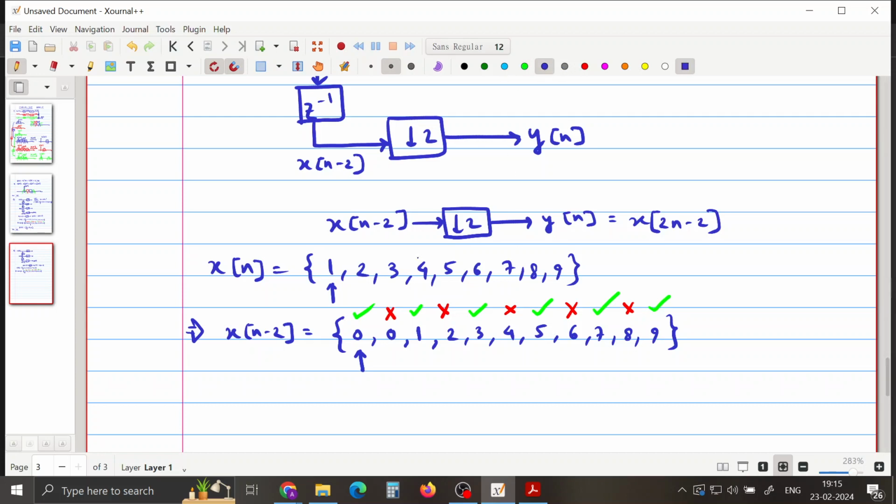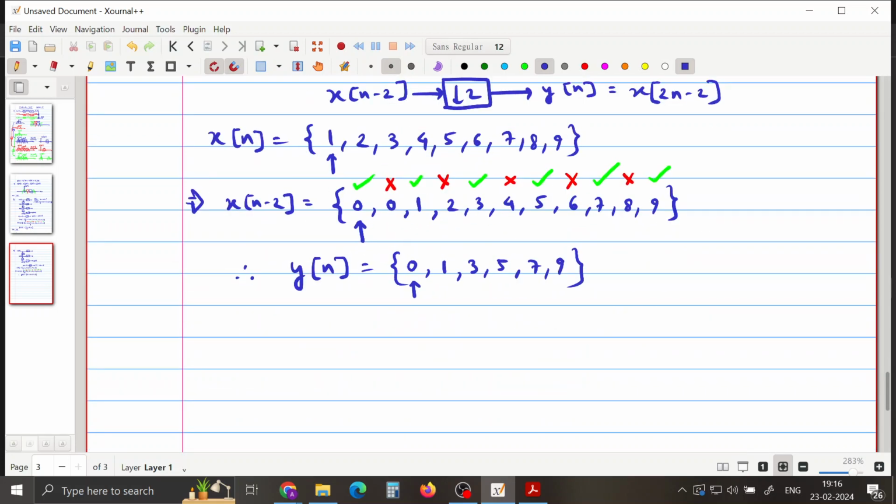So what are we going to get? Y of n. Therefore y of n is all the samples which are passed, which is this, and the arrowhead points here, right?